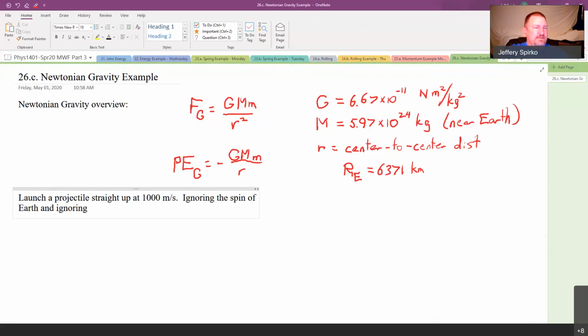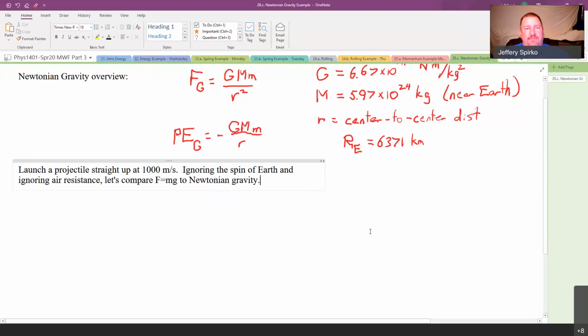The spin of the Earth would make this weird. And we're going to ignore air resistance. So we'll compare our F equals mg to Newtonian gravity.